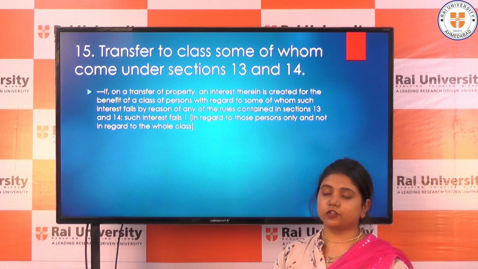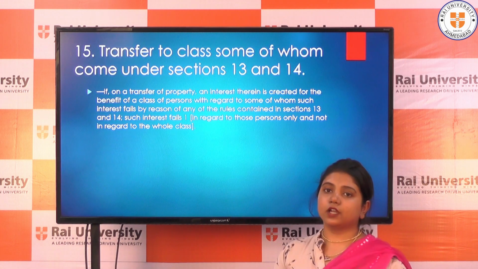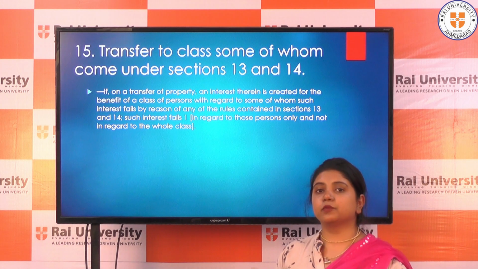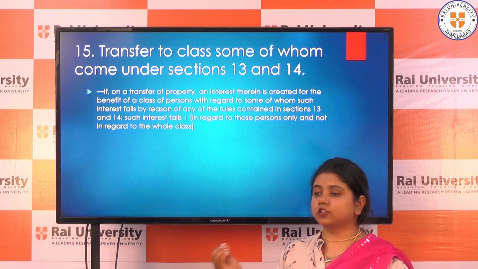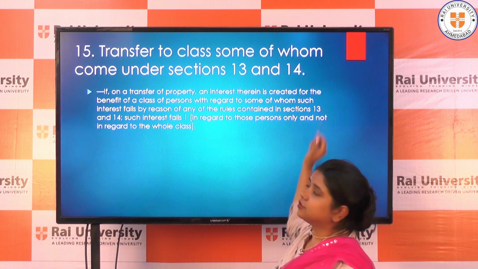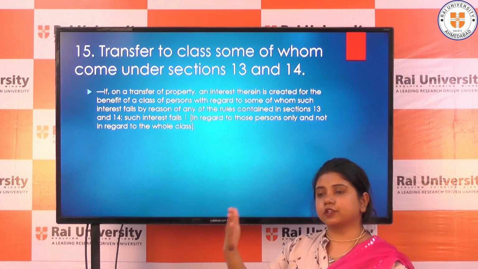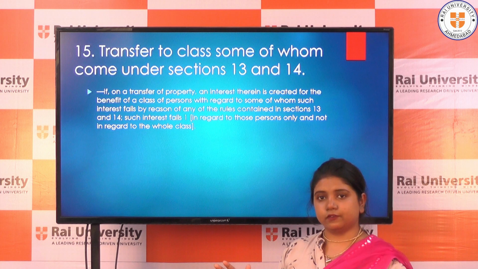Here, what we are dealing with is a transfer on behalf of an unborn person. This takes effect by the rules of section 13, by the process that a person needs to create a life interest in a living person.